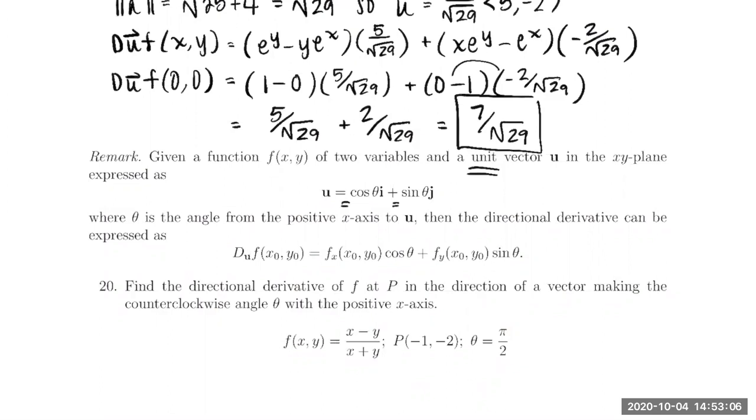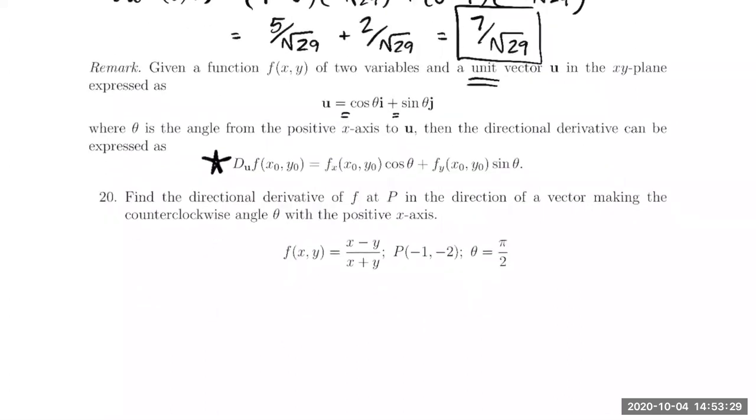So we can write unit vectors in terms of cosine theta and sine theta of an angle, and of course using the i and j notation as well.